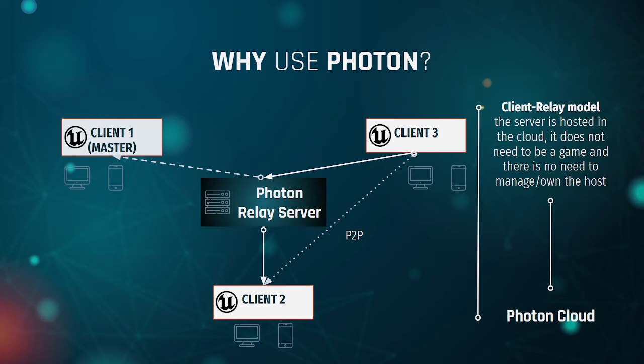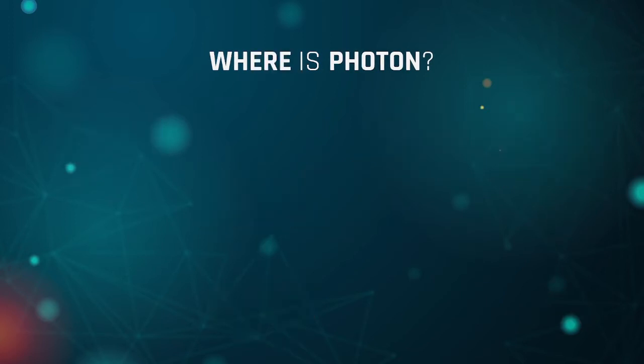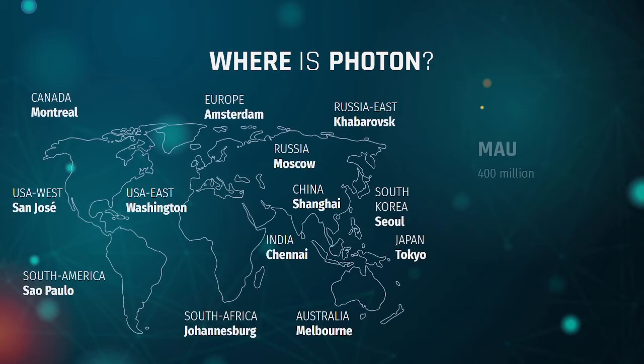This is a peer-to-peer configuration, so there is no need to host any server. But if you want, you could do the logic of the game in a real game and then use the master client, a concept that we are going to see later.